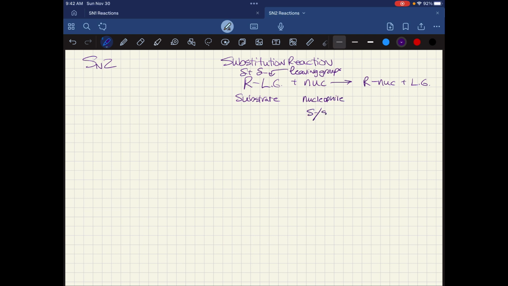So partial negative or full negative charge. Then this will be the product, and then this will be the leaving group.